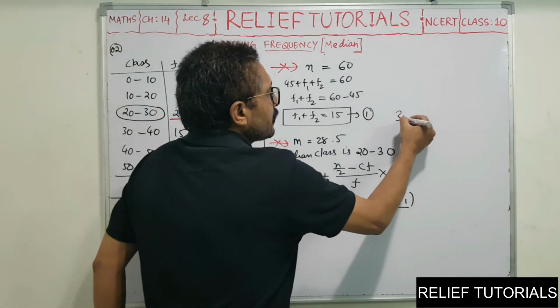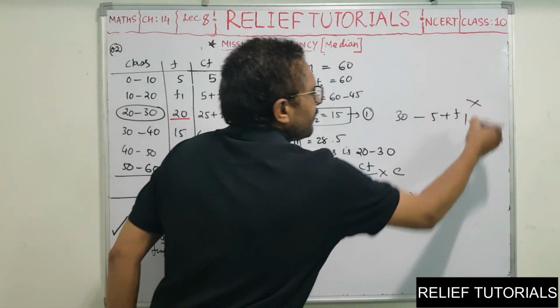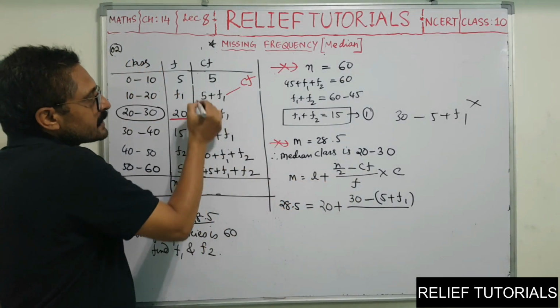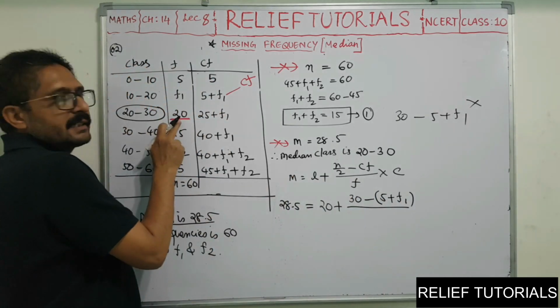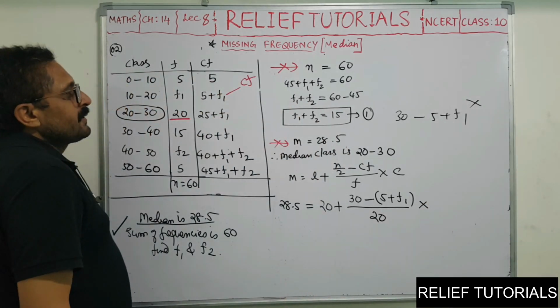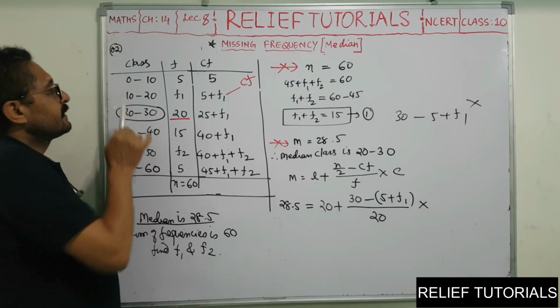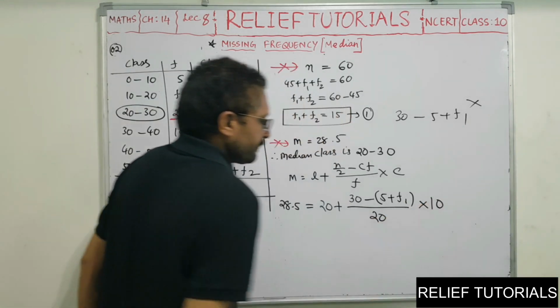Generally what you used to do is write 30 minus 5 plus F1. This is wrong. N by 2 minus CF, and the minus is for this whole CF. So you write it this way: minus (5 plus F1) upon the frequency, which is 20, into the class length. The class length is how much? 10 minus 0, 20 minus 10, 10. So the class length is 10.